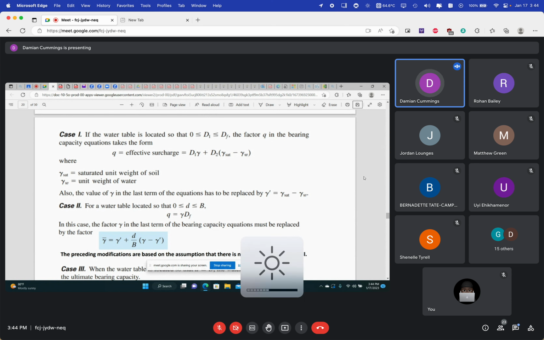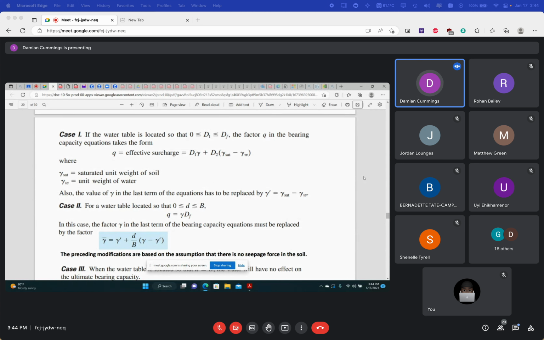In this case, the factor gamma in the last term of the bearing capacity equation must be replaced by the factor gamma bar, which is equal to our effective unit weight plus D over B times our unit weight of a soil minus the effective unit weight, right?